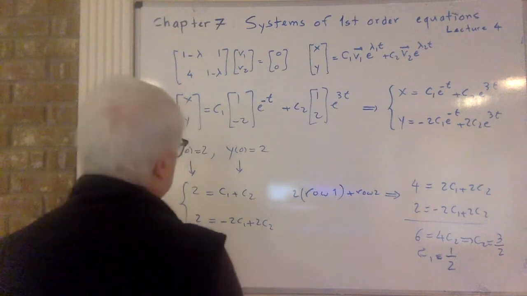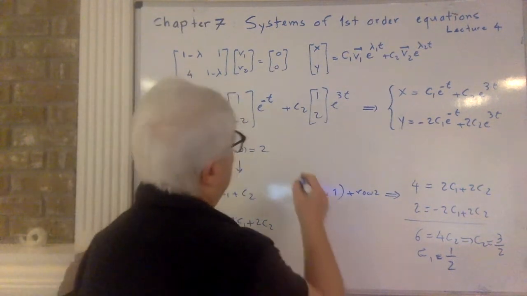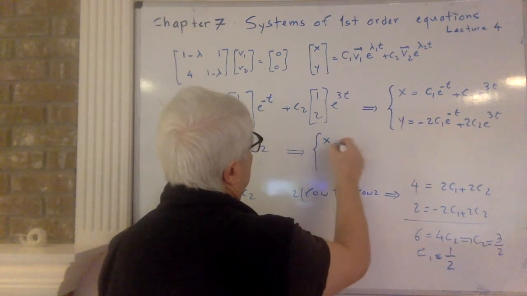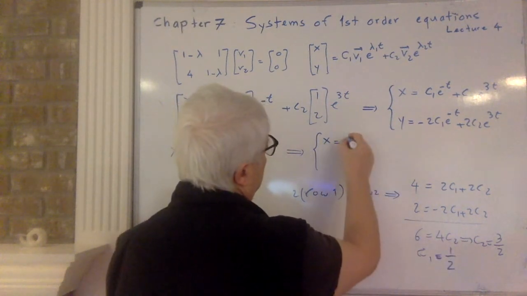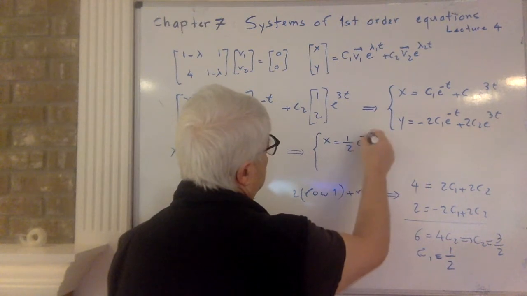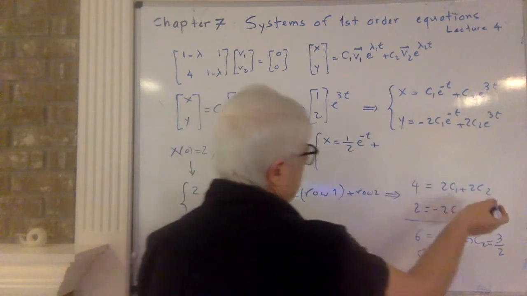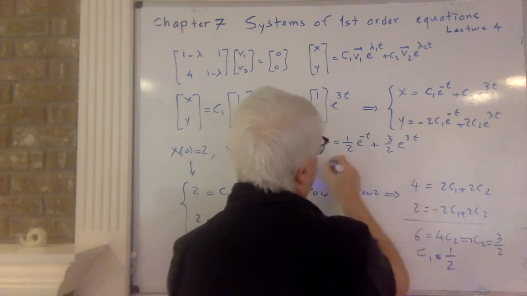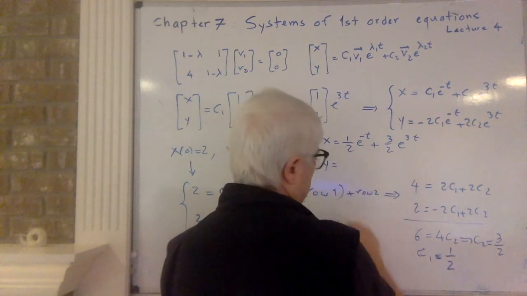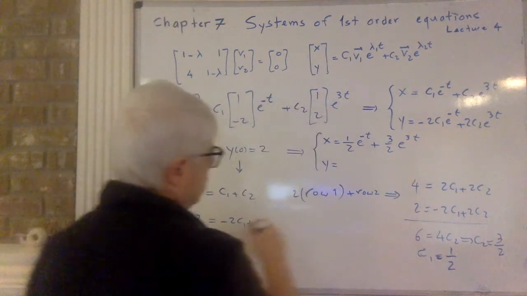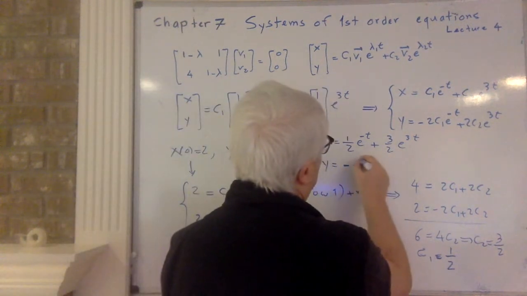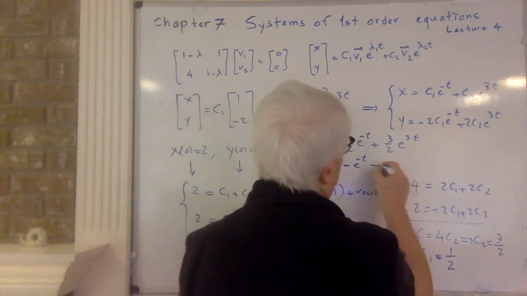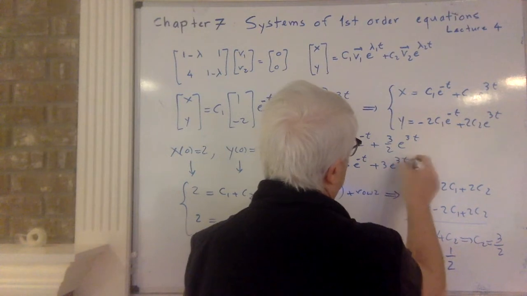I changed that to 2 and 2, so this gave me these solutions. X is C1, 1 half e to the power negative t plus 3 halves e to the power 3t, and y is 1/2 times minus 2 is minus e to the power negative t, and 2 times c2 will be 3 plus 3 e to the power 3t.